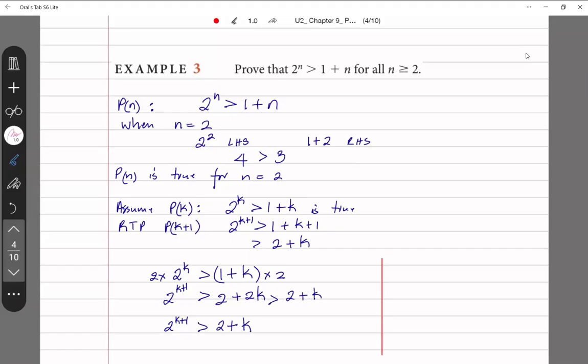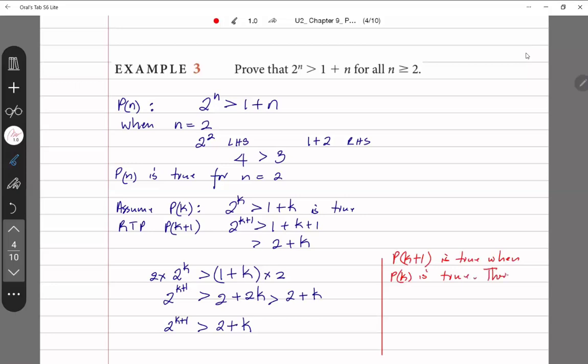So at this point, I'm able to make my statement that Pk plus 1 is true when Pk is true.